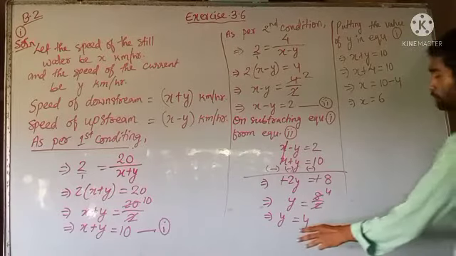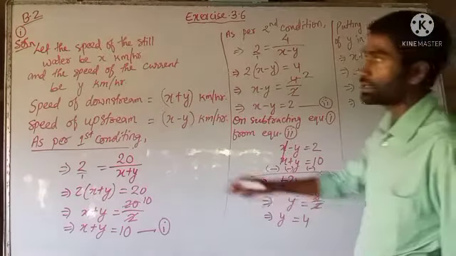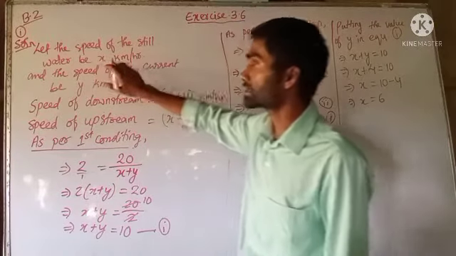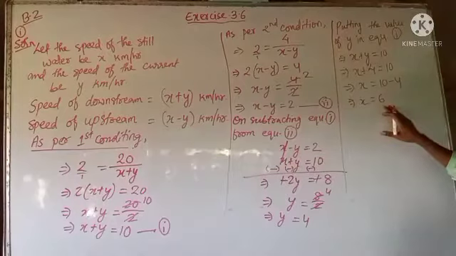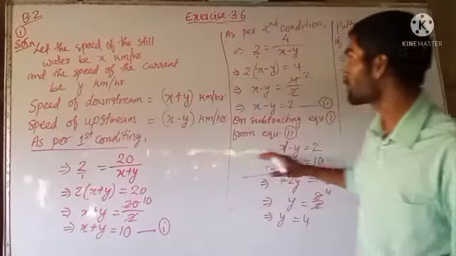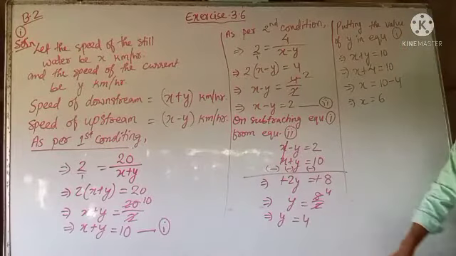Now we got x and y also. So the speed of the boat in still water is x, that is 6 km per hour, and the speed of the current is y km per hour, that we got here, it is 4 km per hour.